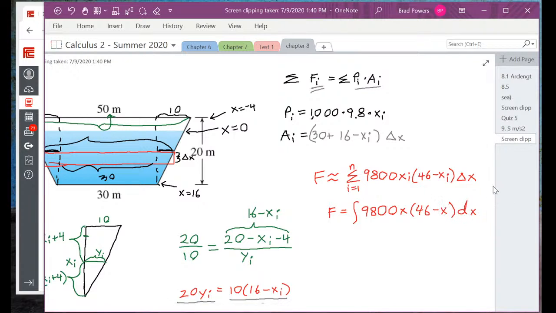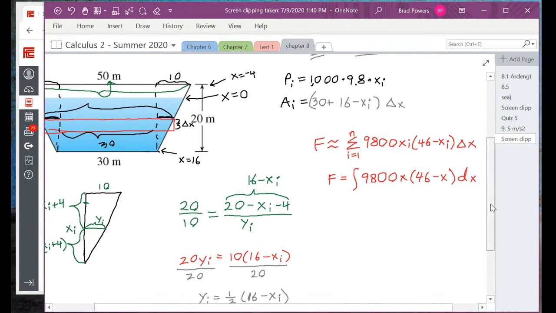Now, I wanted to show you guys this because some of you would find this method much better than trying to memorize formulas, because this is very similar to work.